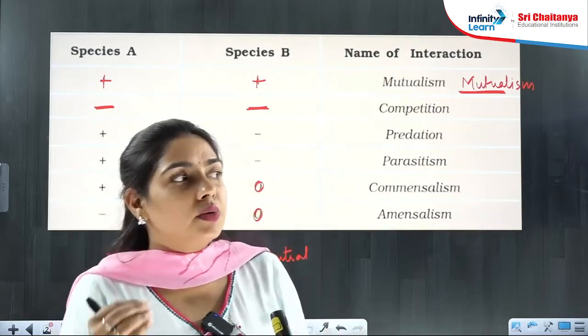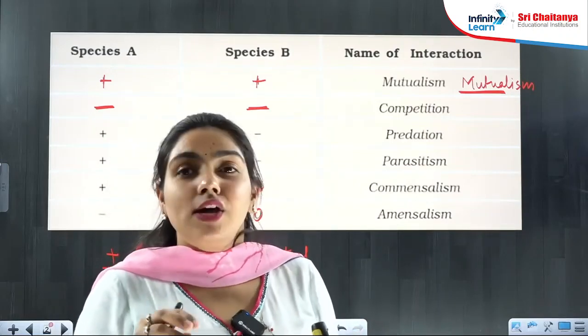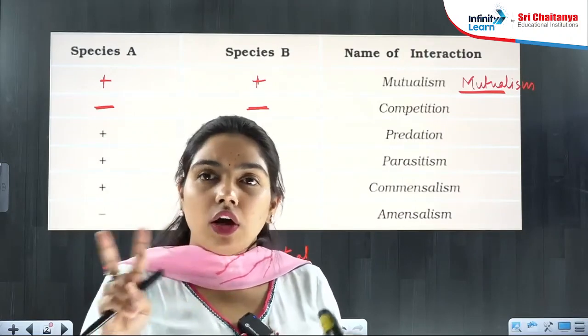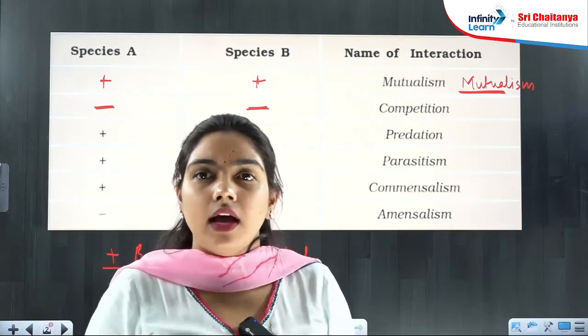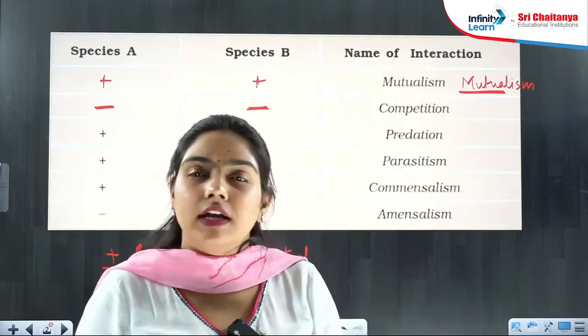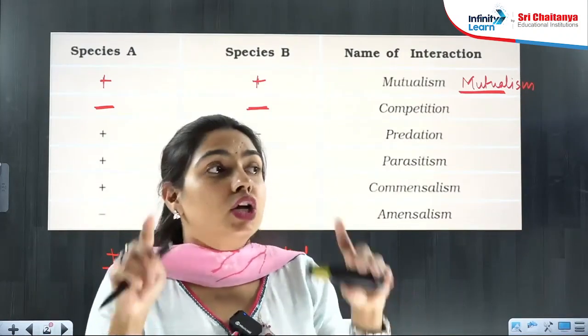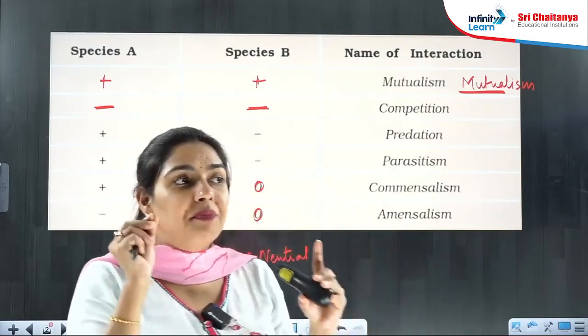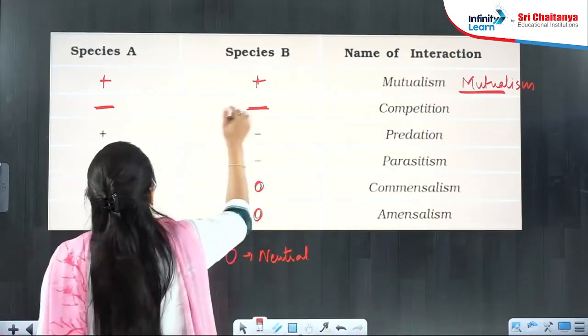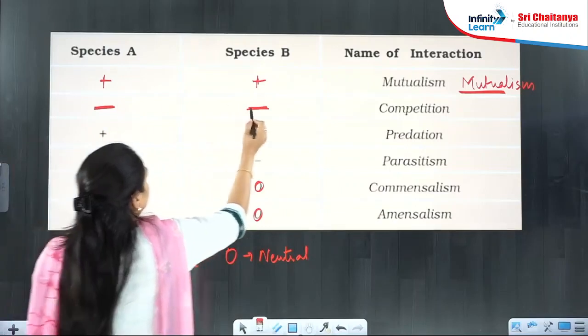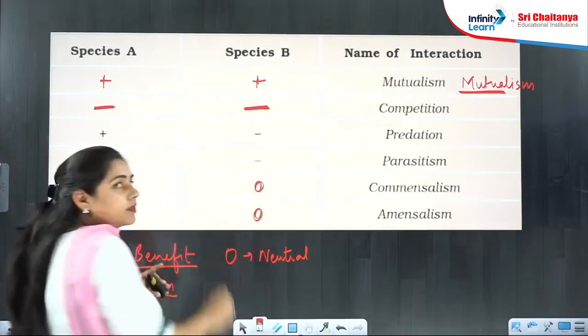Both of their mothers will scold them, no? Why are you fighting with him? Both will get the scolding. Both will be harmed. So remember, competition is the interaction in which both will be harmed.